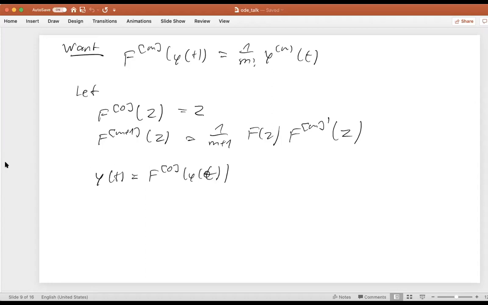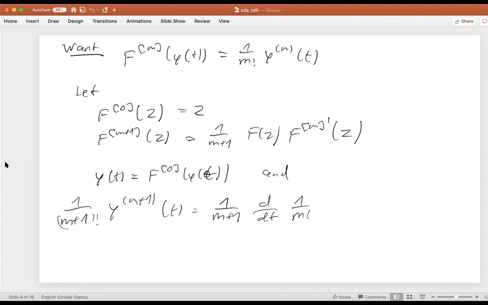And for the next one, we can just write the m plus 1 derivative as deriving the m-th derivative, and this is exactly f_m of y of t.